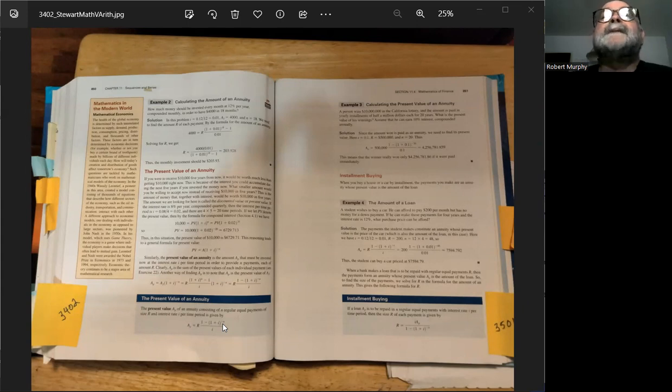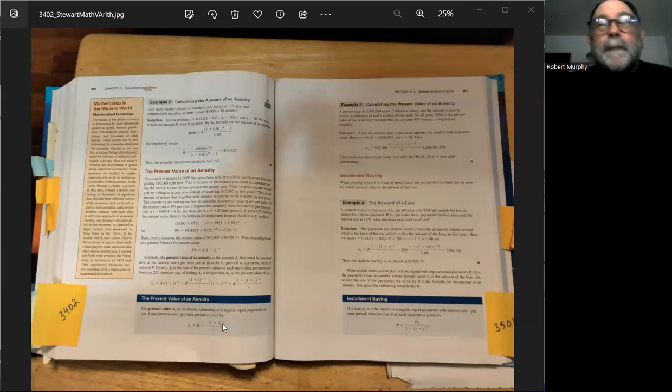Now, one of the examples the author gives for the present value of an annuity is winning the lottery. If you win those big lotteries, you can get payments. Let's say it's $900 million and you get it over 30 years. Well, it's going to be 30 million bucks a year.